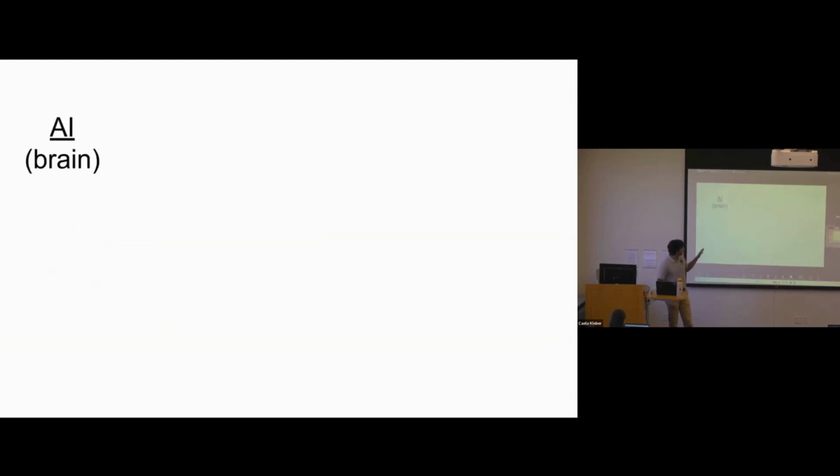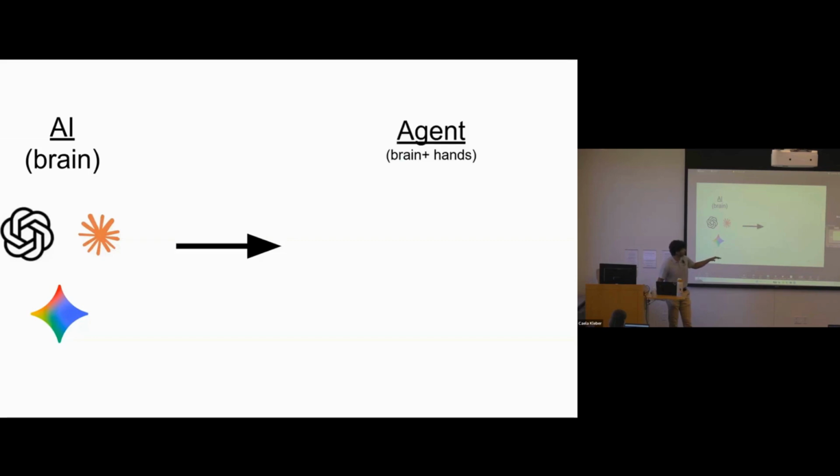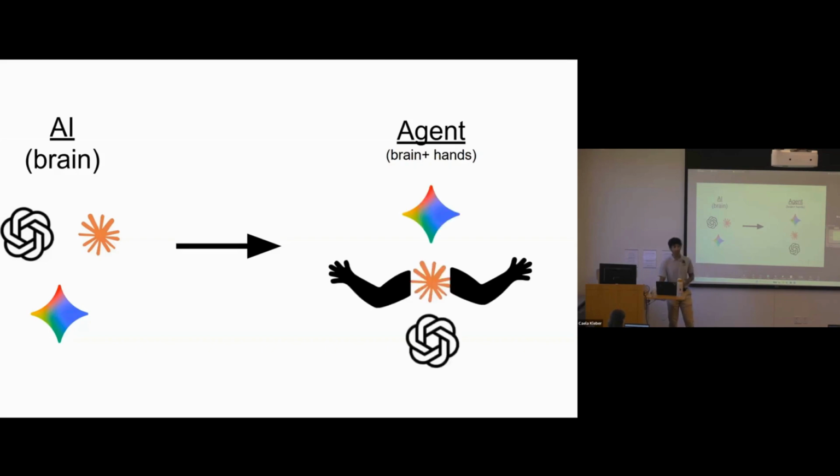Now, recently, we've been able to throw AI into the mix of workflow automation because what AI is really good at is taking unstructured inputs and producing structured outputs from that. And I want to make a distinction here between AI and what agents are. Agents are essentially AI, but you give it hands. And within these hands, you give it tools.